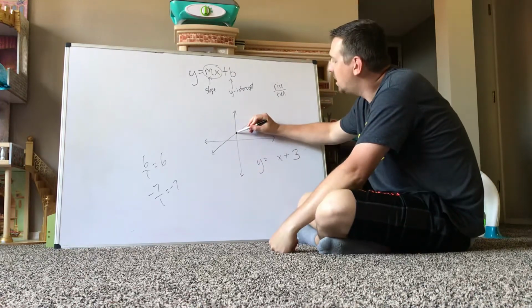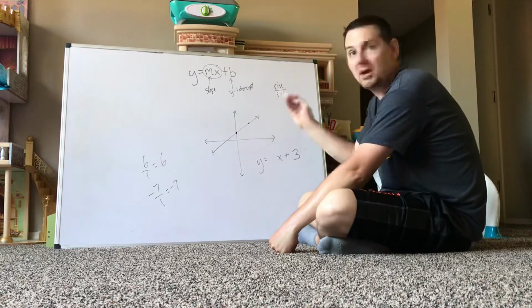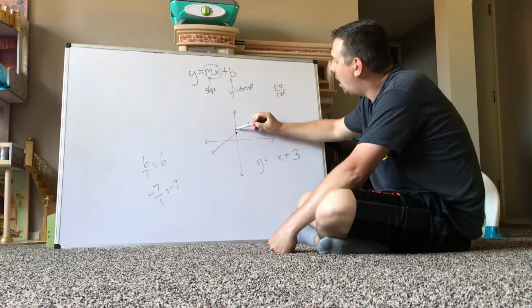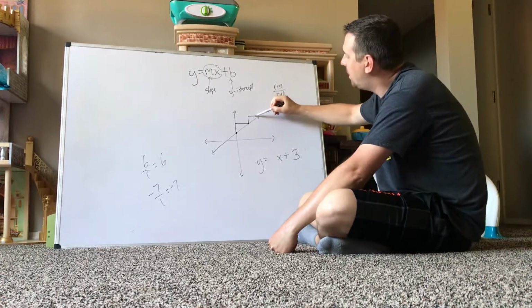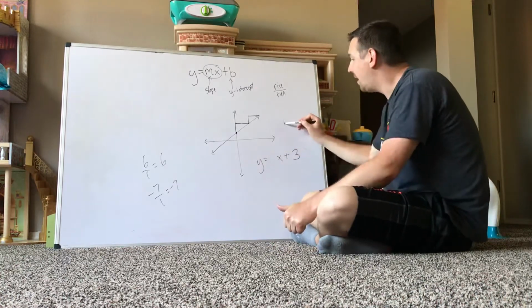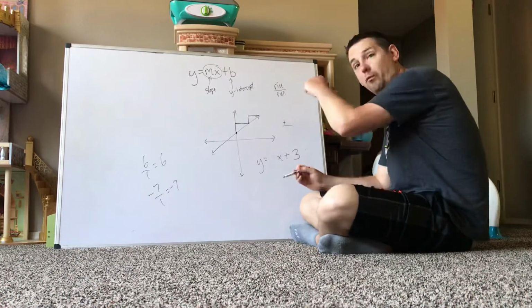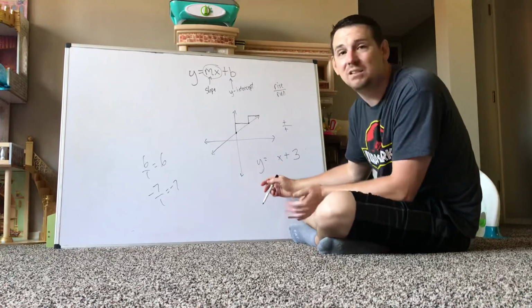If I took this dot and I tried to get to, let's say, this dot, I just made up a dot, I would go up and over, up and over. Since I'm going up, that's positive, and over to the right is positive, which means this needs to be a positive slope.